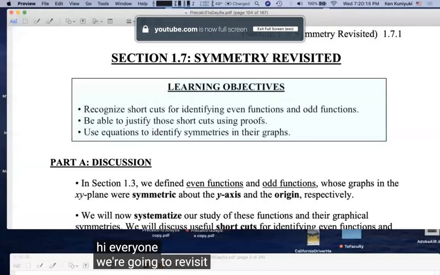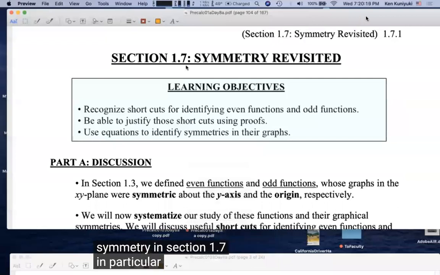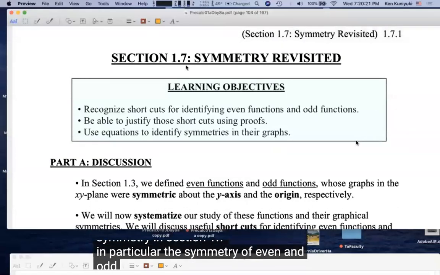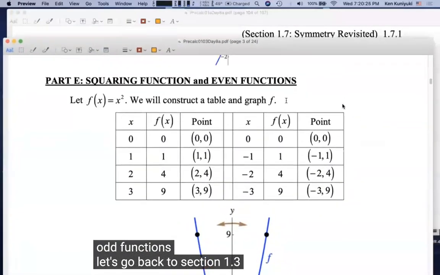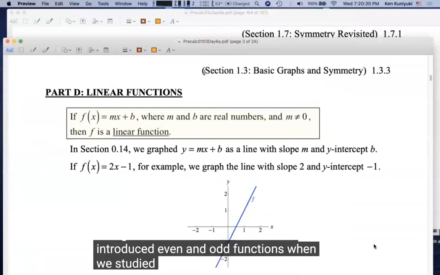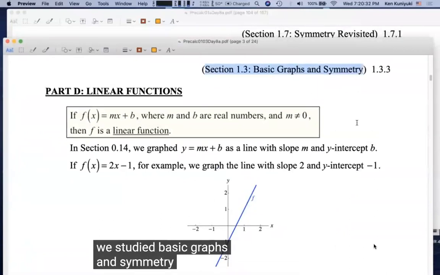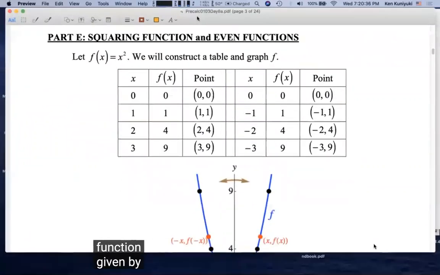We're going to revisit the issue of symmetry in section 1.7, in particular, the symmetry of even and odd functions. Let's go back to section 1.3, where we introduced even and odd functions, when we studied basic graphs and symmetry. We looked at the squaring function given by y equals x squared.